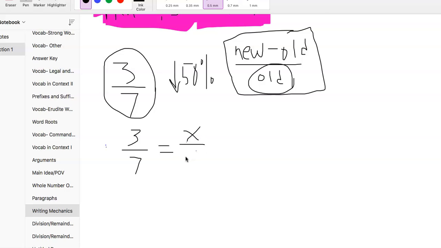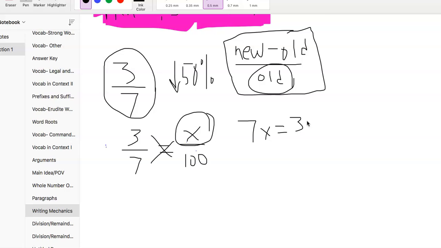3/7 equals some number that we don't know out of 100. This is how you set up the formula. Okay. And then we're trying to solve for x. Okay, so 3/7 equals x over 100. Okay, and now from here I have to cross multiply. Okay, and so 7 times x is 7x, and 100 times 3 is 300.